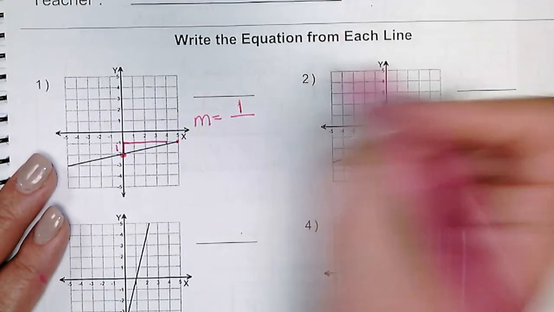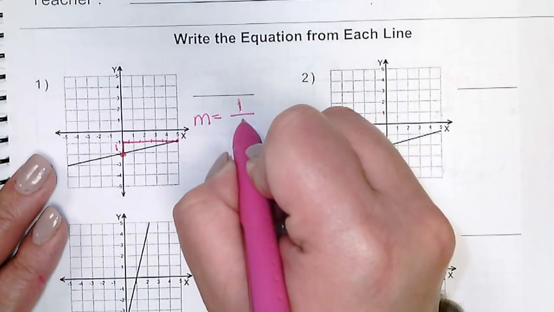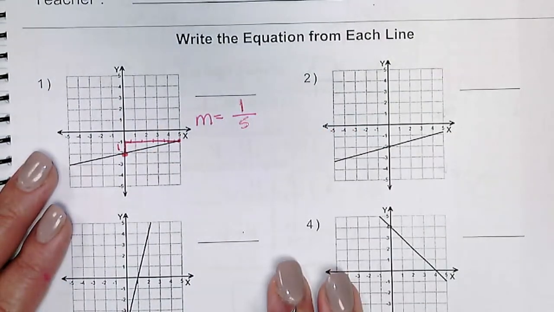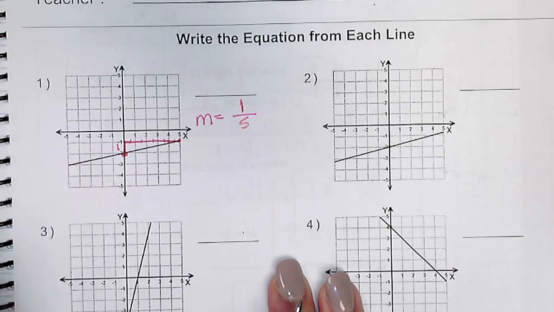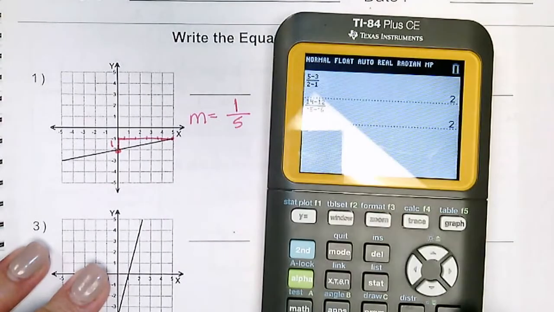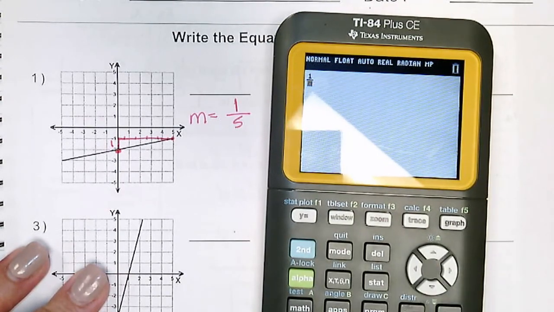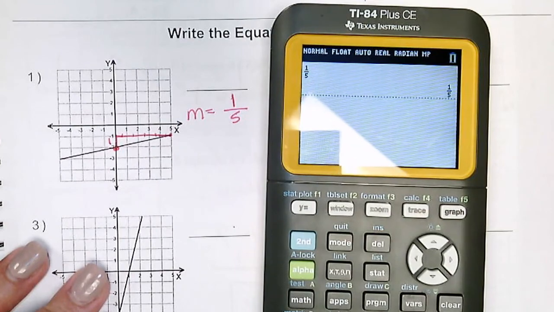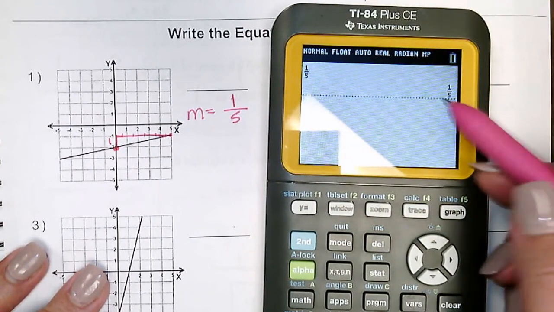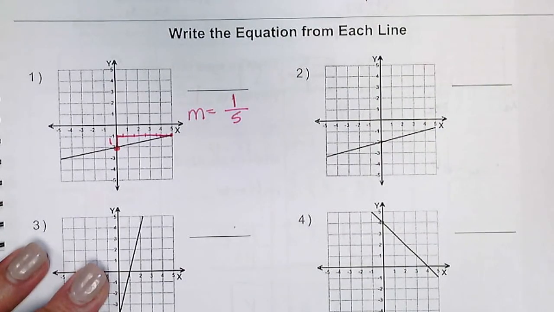And then my run is 1, 2, 3, 4, 5. So 1 over 5, if we try to simplify that, it's going to give us 1 over 5. So 1 over 5, or 1/5, is as simplified as a fraction is going to get.